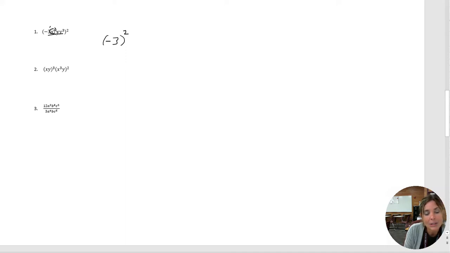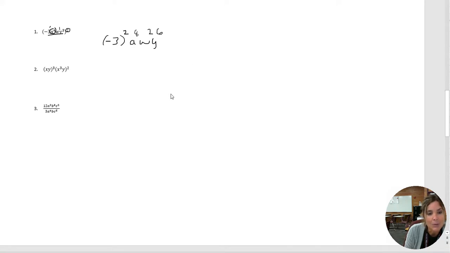So a to the 4th raised to the second, we would do 4 times 2, and that's going to be a to the 8th. And then we have this w here. This is really w to the first. So when we do w to the first raised to the second, we get w to the second. And then y to the 3rd raised to the second is y to the 6th.